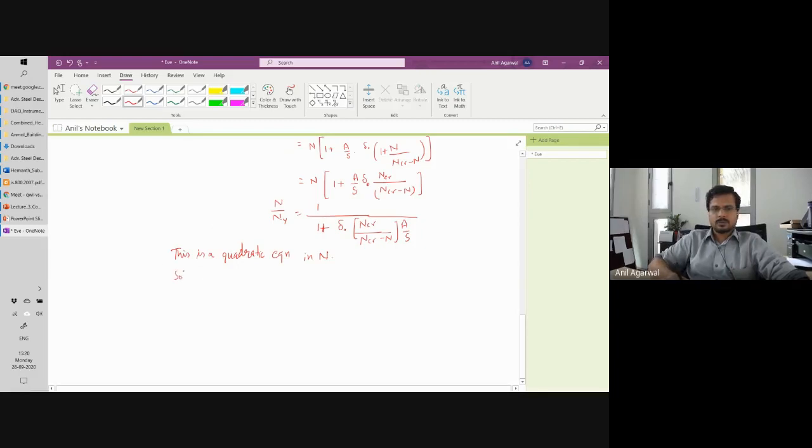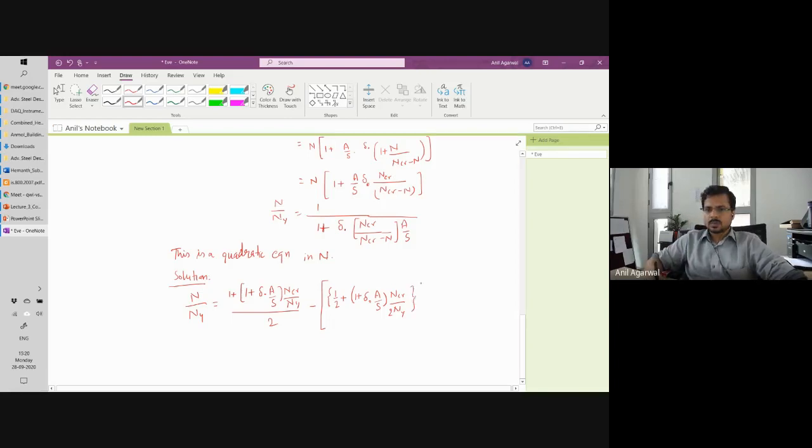So the solution for n divided by Ny will be equal to 1 plus delta naught A by S, n critical by Ny, divided by 2, minus the square root of half plus 1 plus delta naught A by S, n critical by 2Ny, squared, minus n critical by Ny.